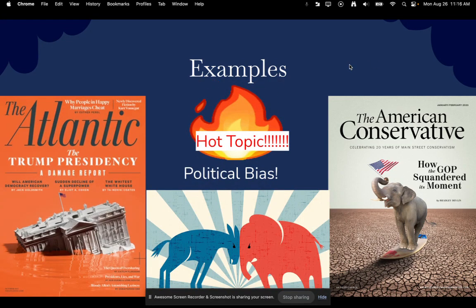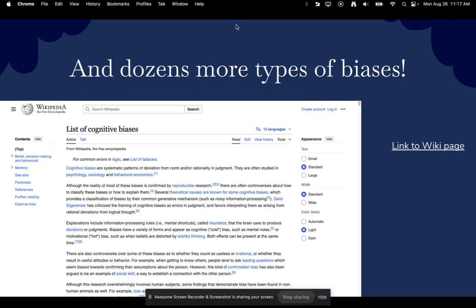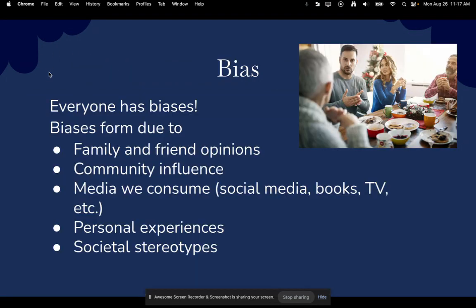And of course, there's probably one of the biggest, hottest topics right now, which is political bias. Now, this doesn't have to be just the United States, it could be other countries around the world as well. And there are dozens of more types of biases. So much so, I linked the Wikipedia page if you're interested in looking more at it. You don't have to, but there are so many biases. I mean, if we learned about them all, we'd be sitting here all day.